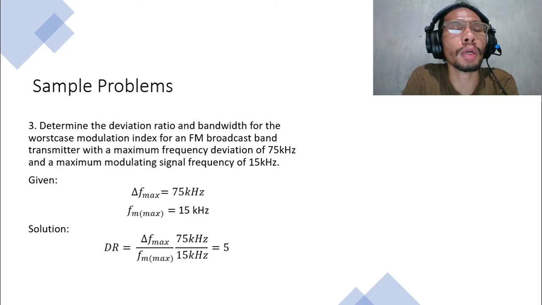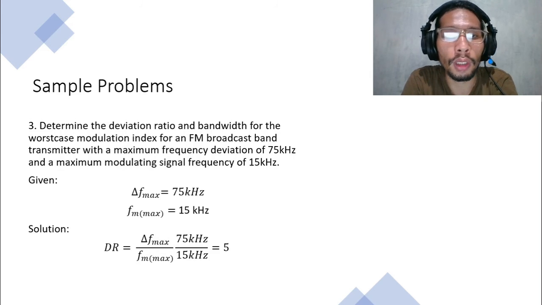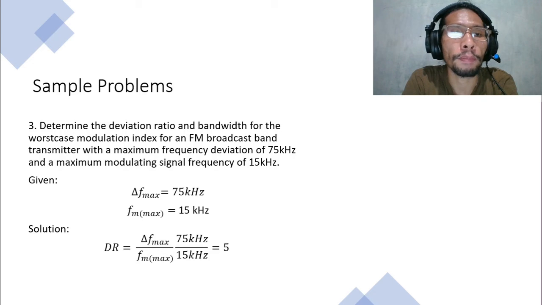For the third problem, determine the deviation ratio and bandwidth for the worst case modulation index for an FM broadcast band transmitter with a maximum frequency deviation of 75 kilohertz and a maximum modulating signal frequency of 15 kilohertz.